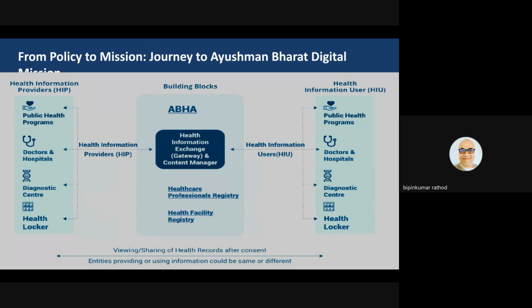The Content Manager decides which information goes where. If it is laboratory data, it goes to that server. If it is radiology data, it goes to that particular server. On top of that are the other building blocks we already mentioned in previous slides, the healthcare professional registry and the health facility registry.